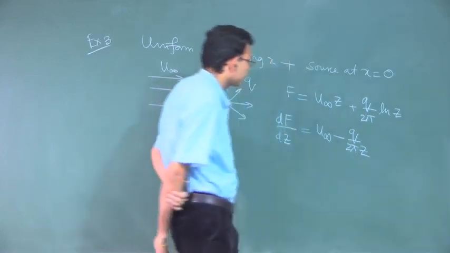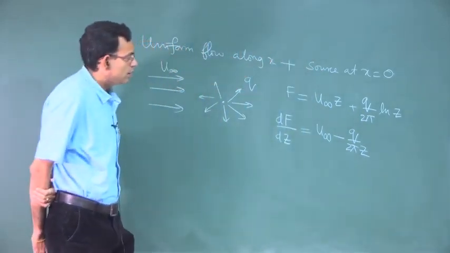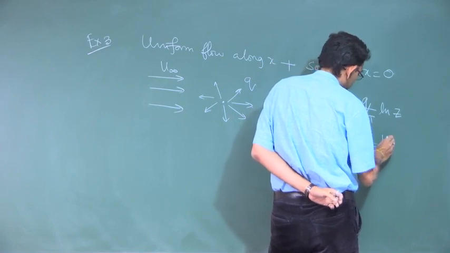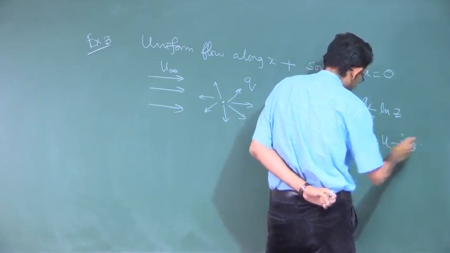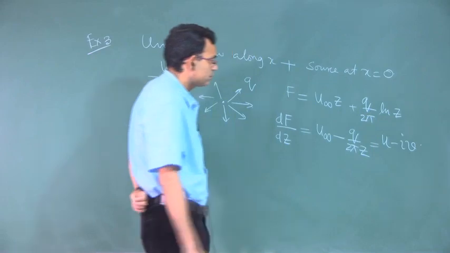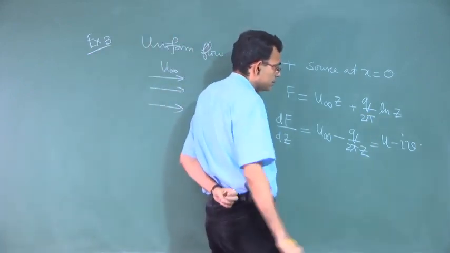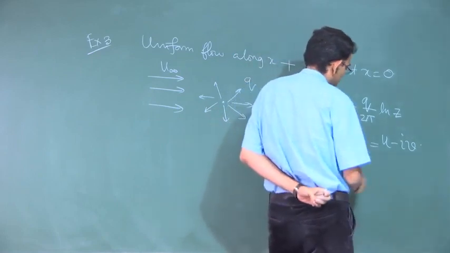This is u infinity plus q by 2 pi z, so this is u minus iv.